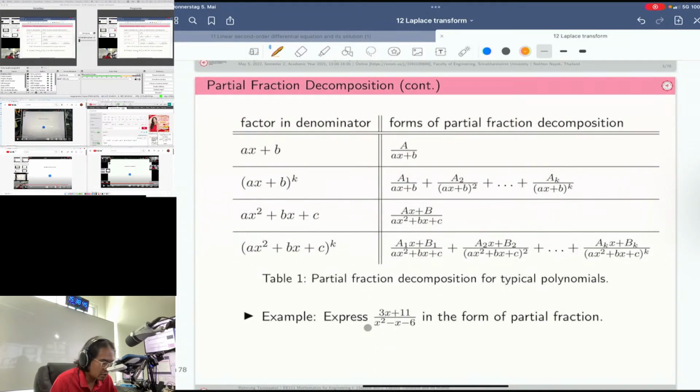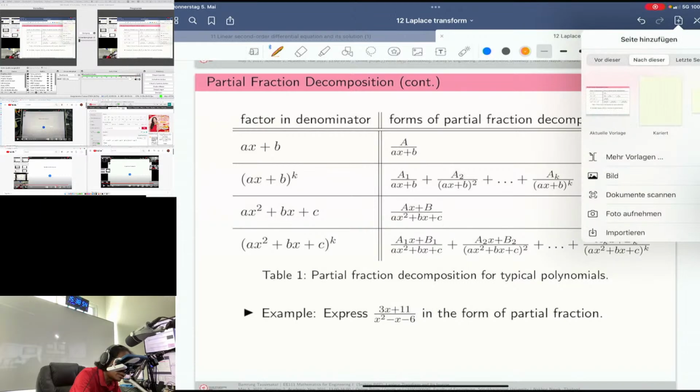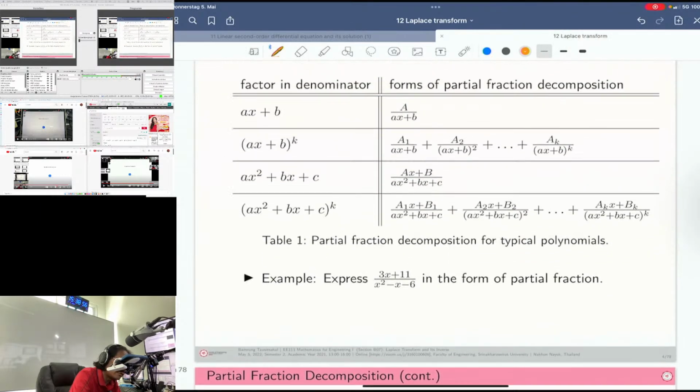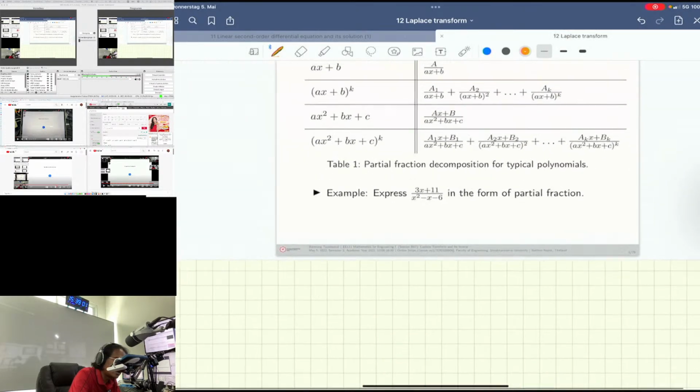Okay, and let's consider this one: (3x plus 11) over (x squared minus x minus 6). Please try to express it in the form of partial fractions.